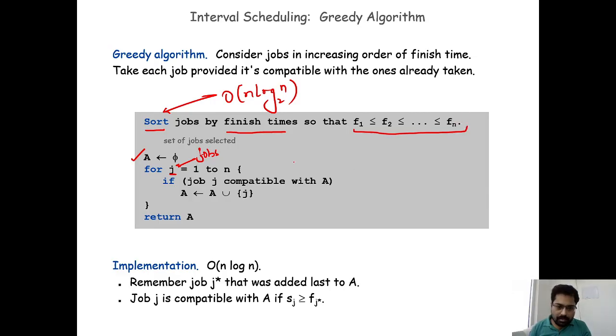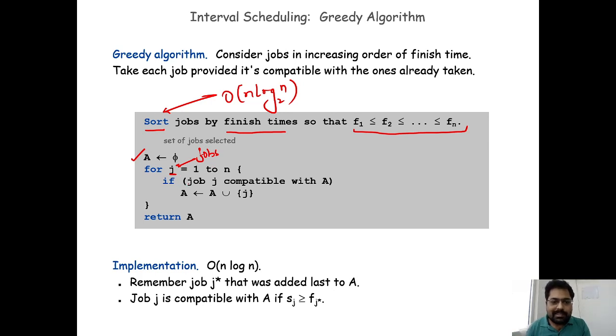Then we say: if j is compatible with A, then what we do? A means the set, which is empty previously. Like when we are finding the sum of two numbers, before running the program we set sum to 0 first. Initially it is 0, then only we add values. Like that, the array is empty first.